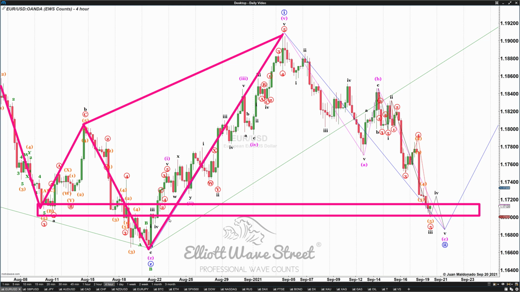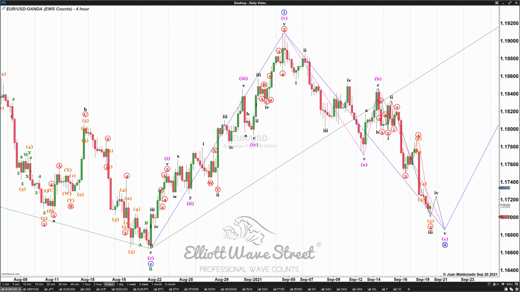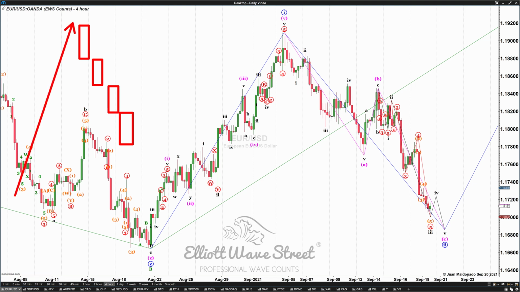Now, let's talk about reversals, because let's say that the market is going down like this. And you are seeing before a move up where you believe it's the wave 1 and you are in the wave 2.